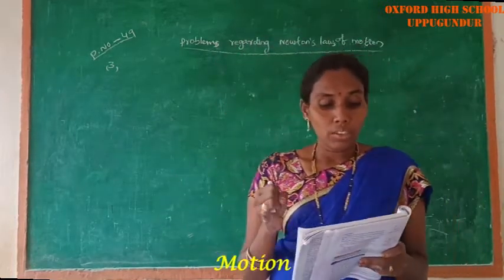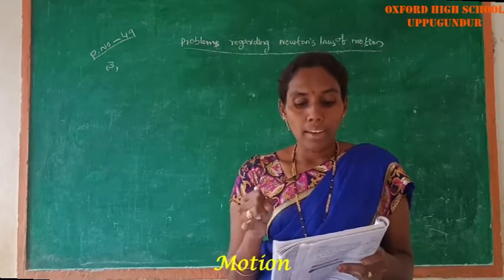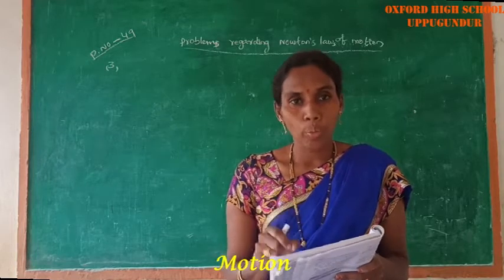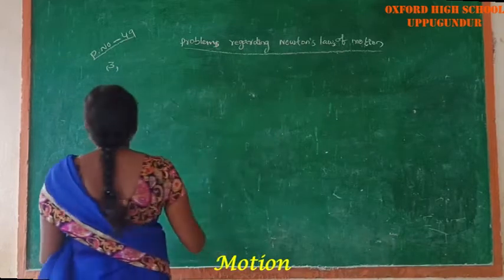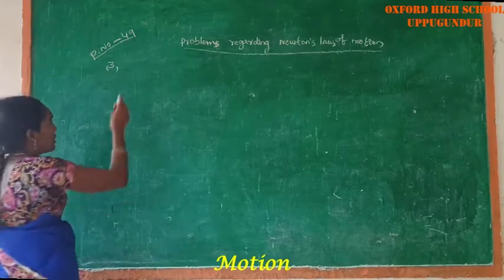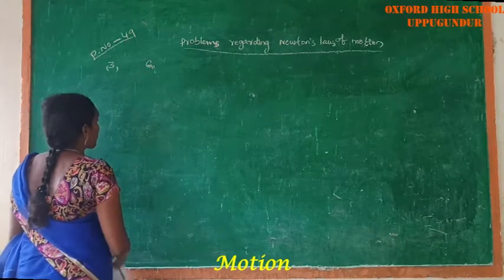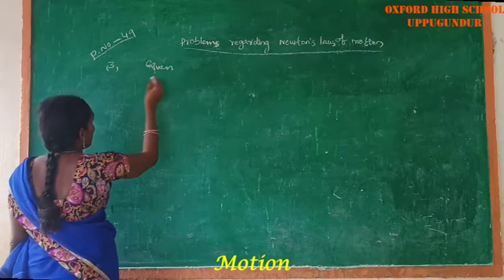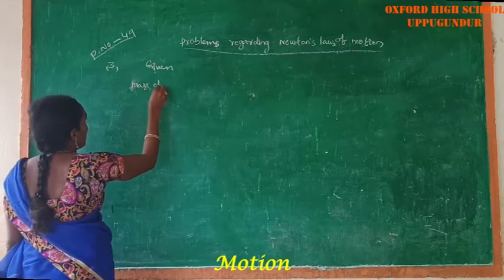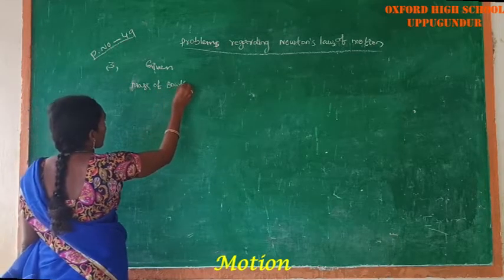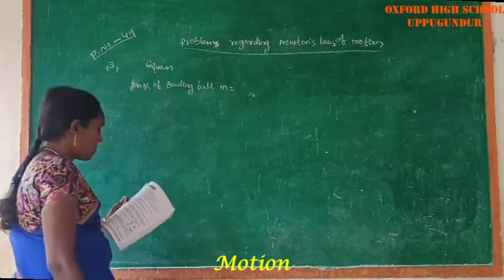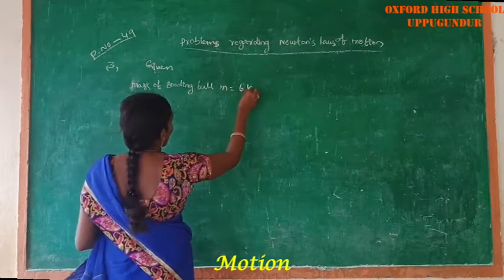To find the momentum, the mass and the velocity of the bowling ball should be given. Our required value is momentum. Given that, the mass of the bowling ball, represented by m, is 6 kg.